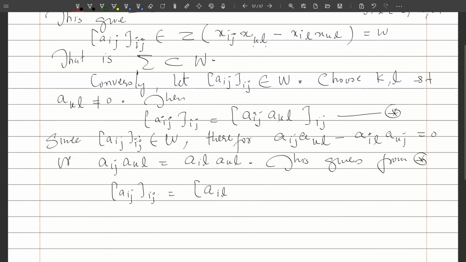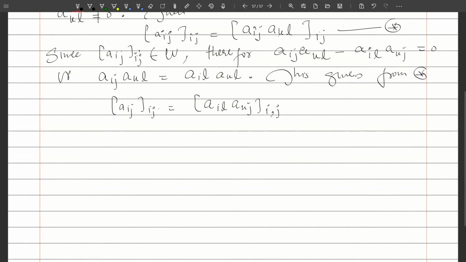a_il a_kj, because a_ij a_kl is the same as a_il a_kj. So this is ij here. But if we look at this point here, sigma of the vector a_il, now l is fixed here, only i varies, so this is a point in Pn.